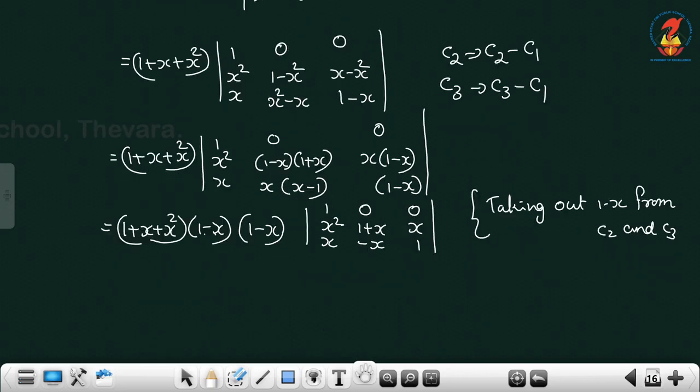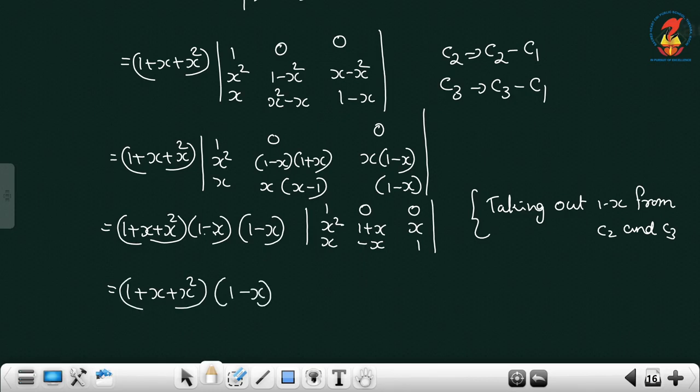Now you can expand. Look at the first row: two elements are 0 and one element is 1. So we combine (1 minus x) twice and write it as a whole square, then into 1 into the determinant after deleting the row and column.